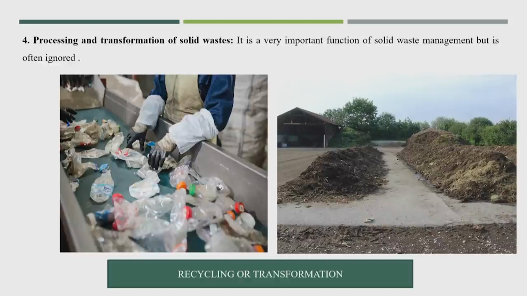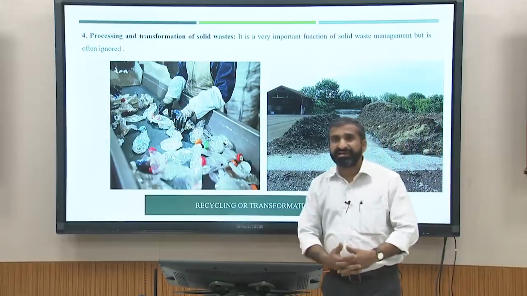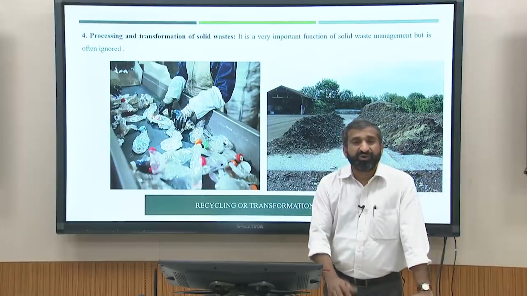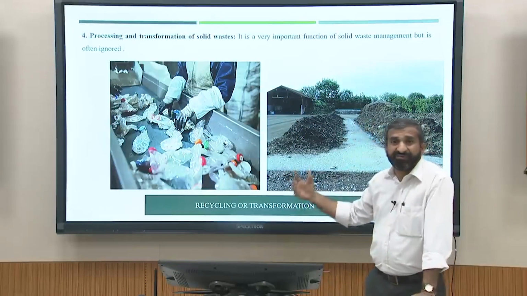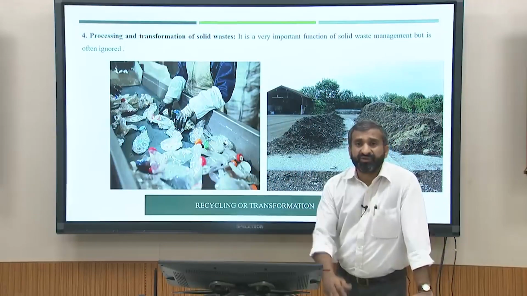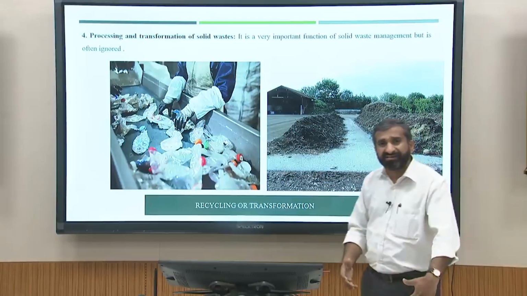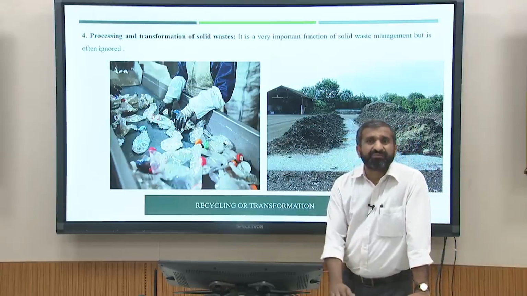I put one photograph showing a windrow composting facility. Now, what is happening in India is that because we do not have proper segregation at source, entire mixed waste is coming to the treatment facilities or recycling and transfer facilities. We had a lot of windrow composting plants in India, but it was very difficult to run them.